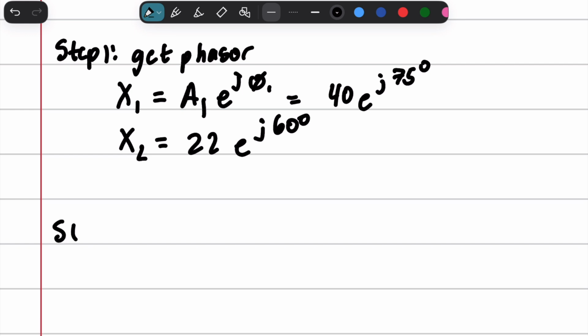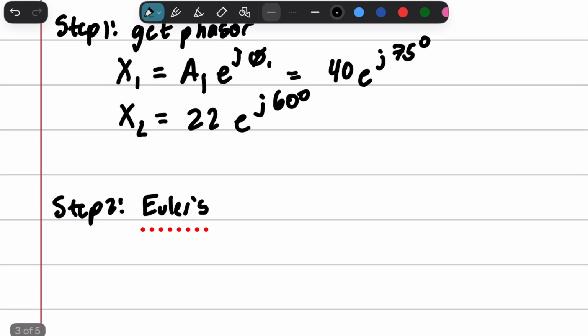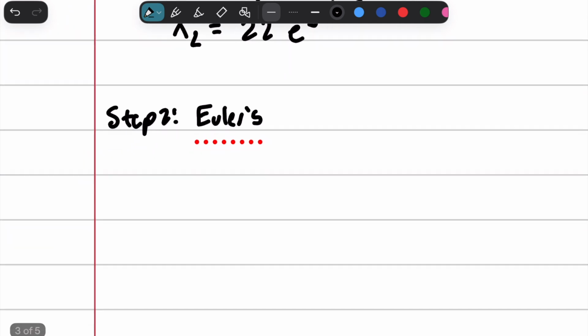Now that we have the phasors, which are simply complex numbers, we can use Euler's identity to turn them into Cartesian form so that we can easily add them up.